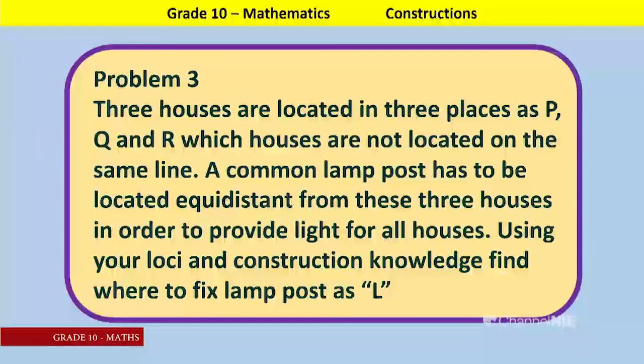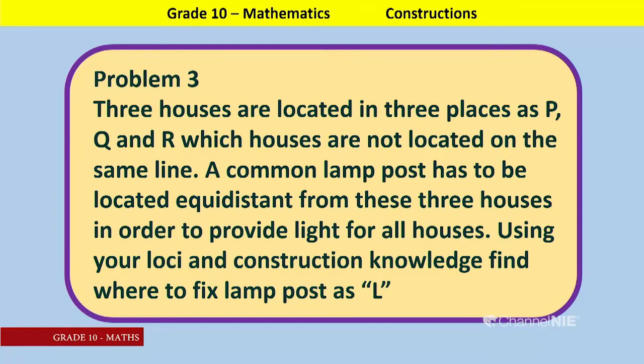Let's try the third problem. 3 houses are located in 3 places as P, Q and R. The houses are not located on the same line. A common lamp post has to be located equidistant from these 3 houses in order to provide light for all 3 houses.